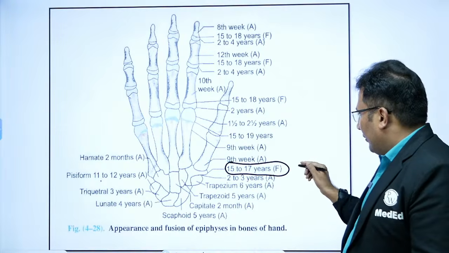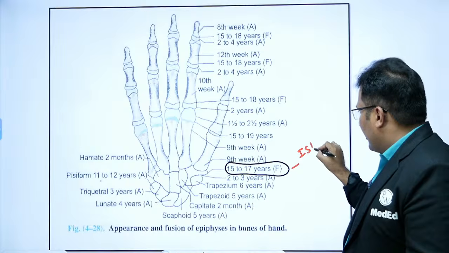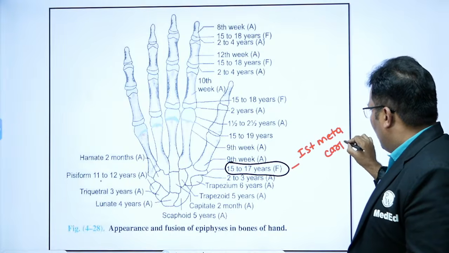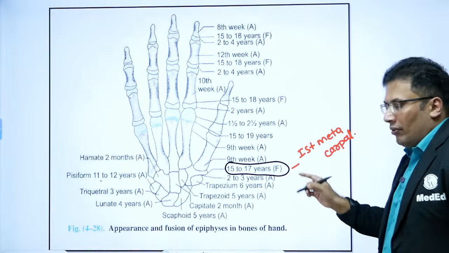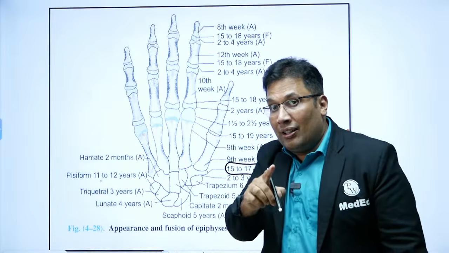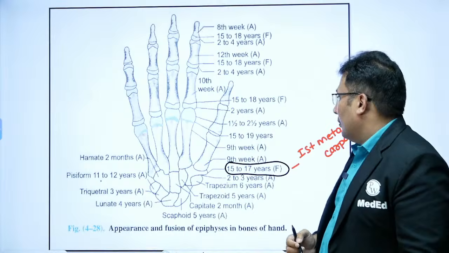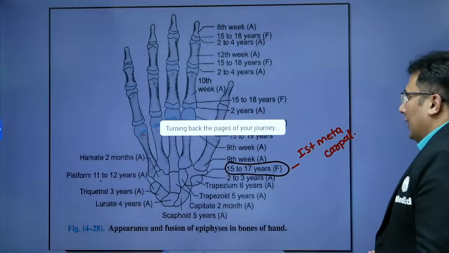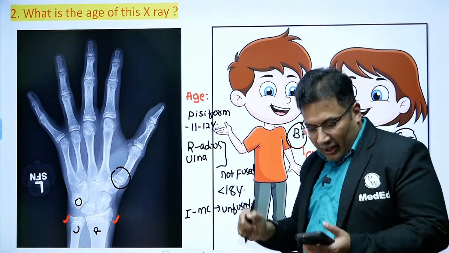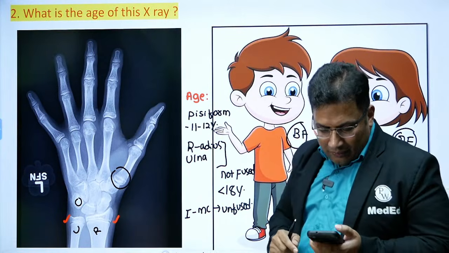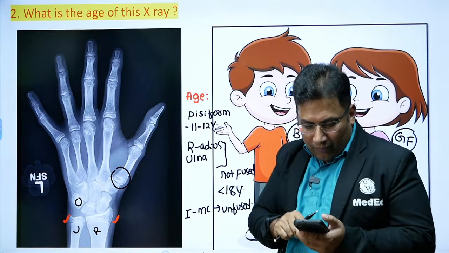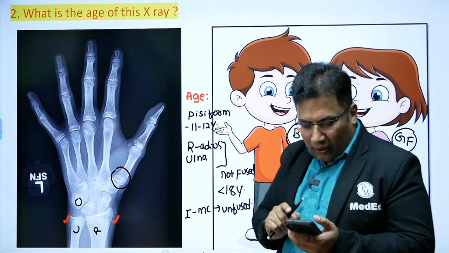So this line: the first metacarpal has appeared but not fused. Now what is the age? Now try to identify what is the age. Okay. What is the age now?